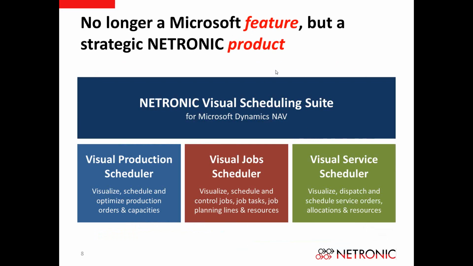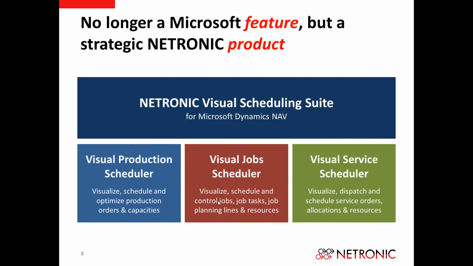In the last 18 months, we built what we call the Visual Scheduling Suite, providing Dynamics NAV users with a suite of scheduling add-ins to deal with production orders and capacities, service orders and resources, and, what we talk about today, to visualize, schedule, and control jobs, job tasks, job planning lines, and resources.